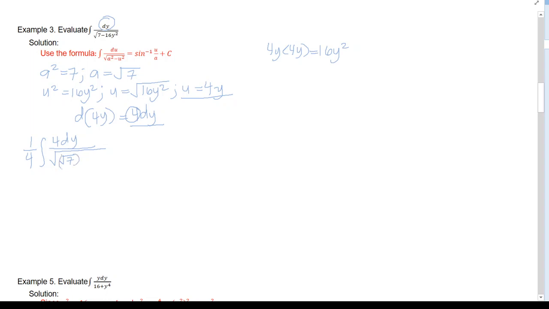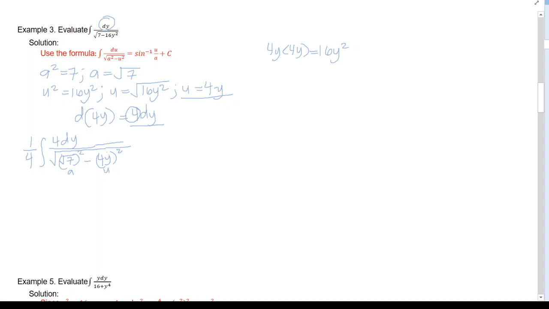If we are going to square that one, a squared is equal to 7. That is minus your u, which is already 4y, and that is squared. So this one is the value of a, and this one is the value of u.